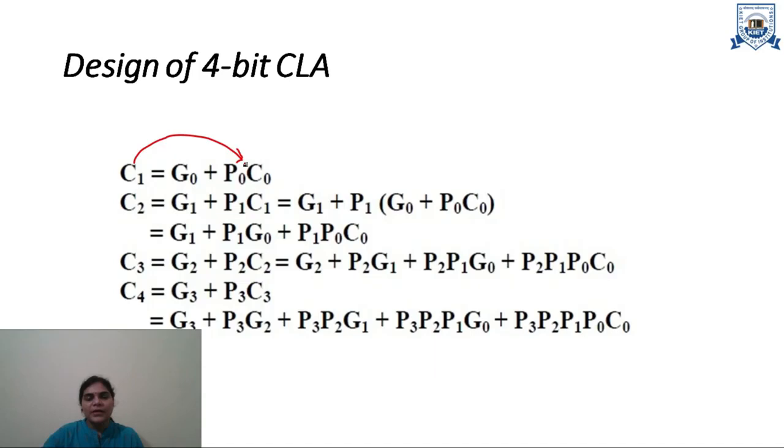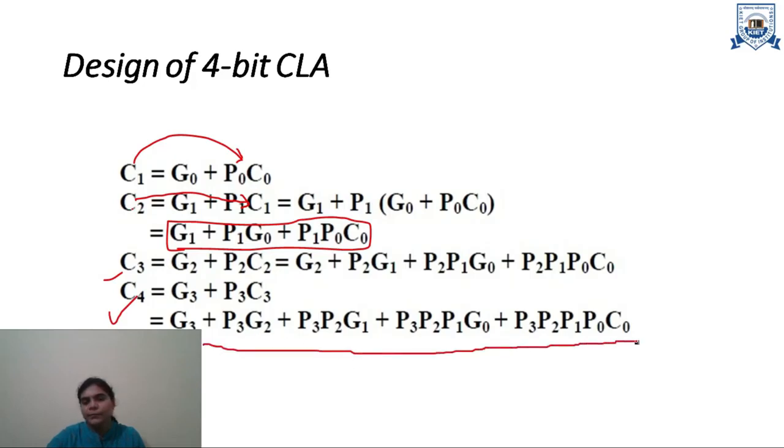So there is no matter of carry propagation here. Now in C2 we have removed the dependency on C1. So we will not have any carry input here. As for C3 and C4, we have removed the dependency on the intermediate carries.